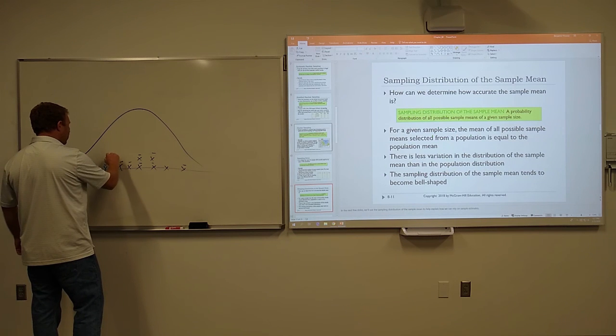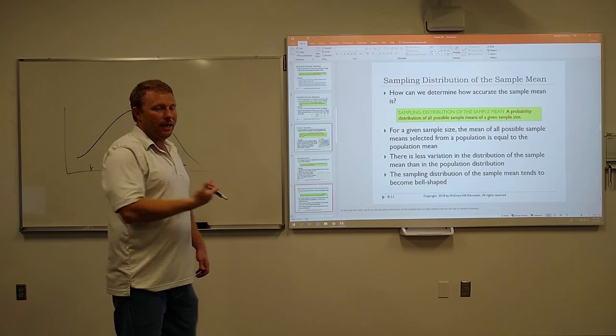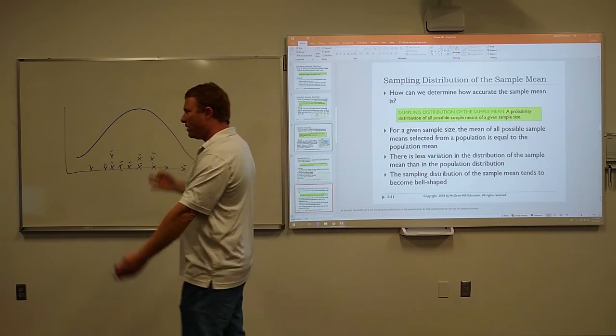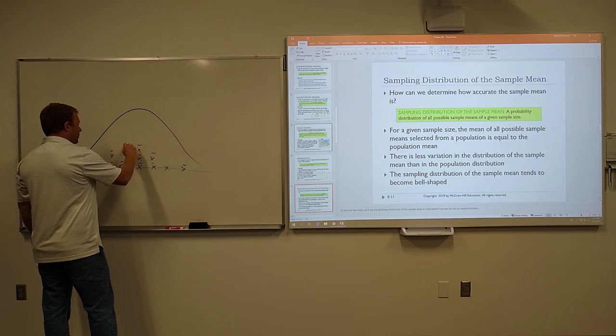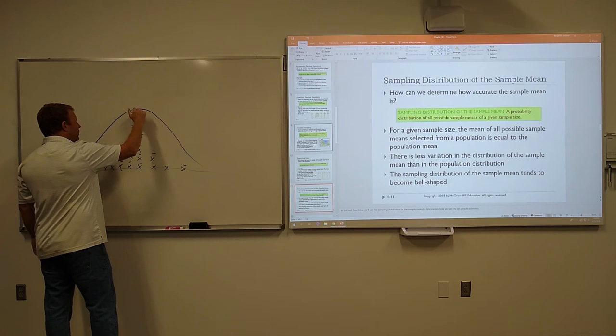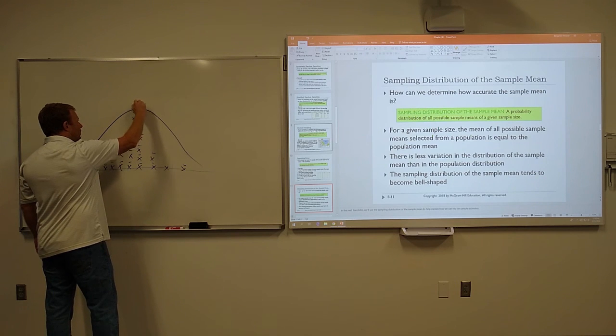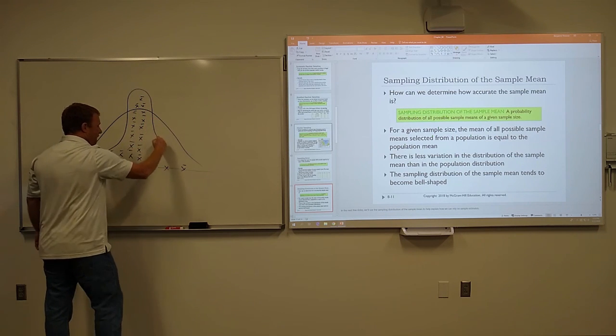Why is that? It's not just because they're attracted to the mean. The mean is the mean because the data makes it the mean. Remember, it's a chicken and the egg situation. But what you're eventually going to have is something that looks like this. Usually, it's going to be taller.